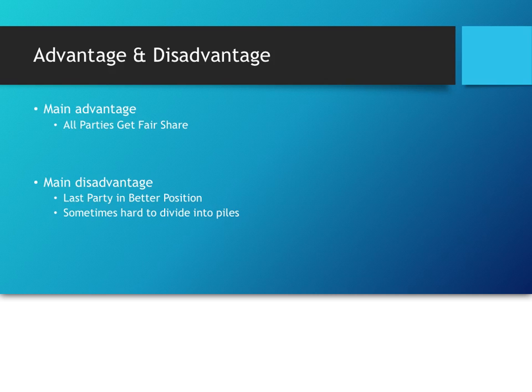And the other disadvantage is, well, what if we have something like a house? And obviously, you're not going to be able to cut up a house. And oftentimes, if you have items, like for instance, if somebody passes away, they'll have a house and a car and a little bit of money. And obviously, the house might be worth vastly more than all of the other items combined.